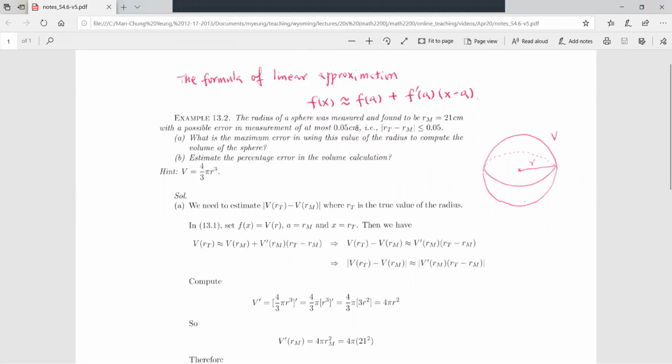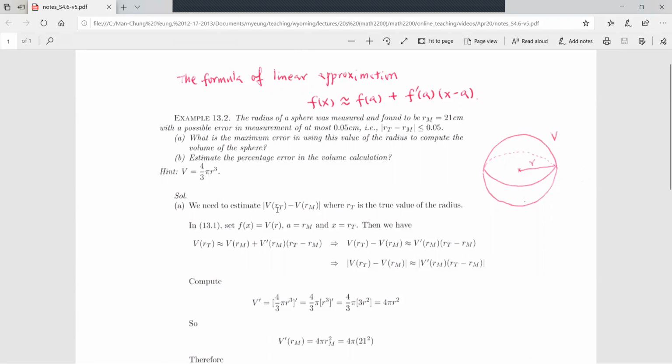Okay, now we have two questions. Question A, what is the maximum error in using this value 21 of the radius to compute the volume of the sphere? That means that we need to estimate the volume computed by Rm and the volume computed by the true value of the radius.